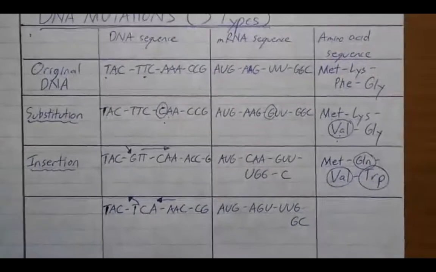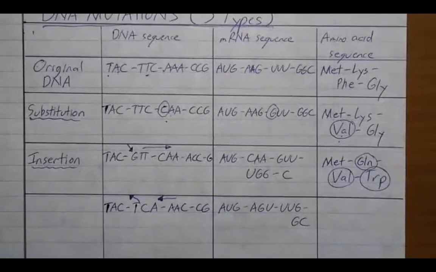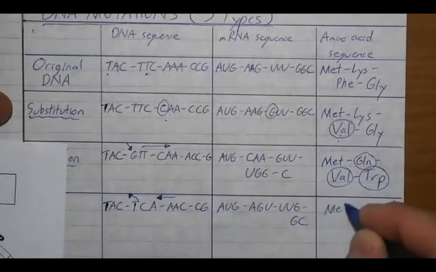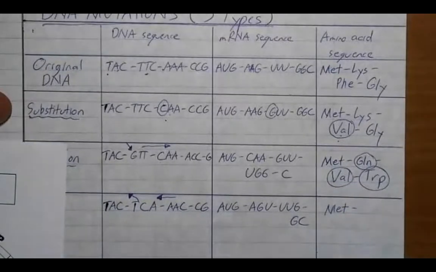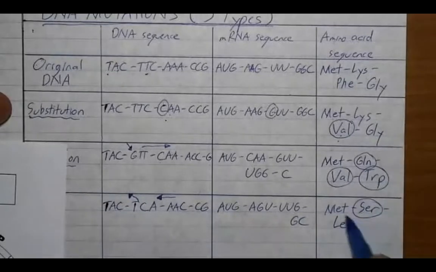So what does that do for our amino acids? Well, I get out my genetic code. AUG is still Met. AGU is serine. And UUG is leucine. And that's it. So this is different and this is different.